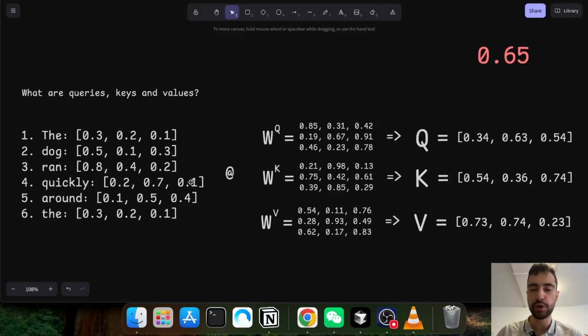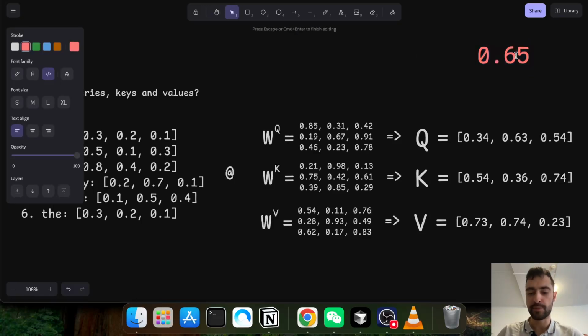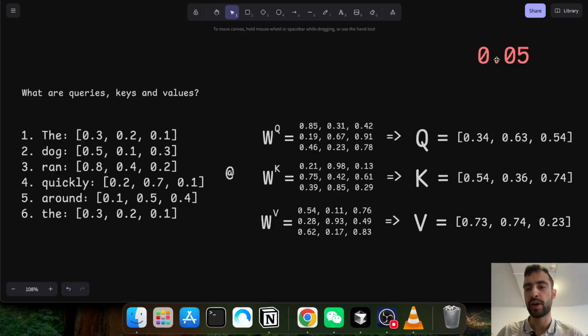And if we were to calculate query of "quickly" with key of "the", we will probably get a lot smaller value, like 0.05, which means we shouldn't take a lot of context from the word "the" into "quickly", because it's not relevant context and it will not help us. If we were to take it, it would just hurt the meaning. So we shouldn't take so much of it, maybe just a little bit.